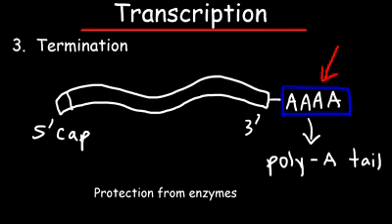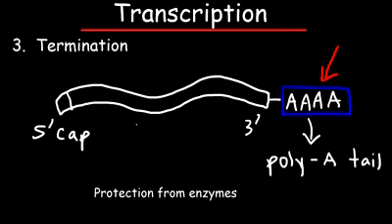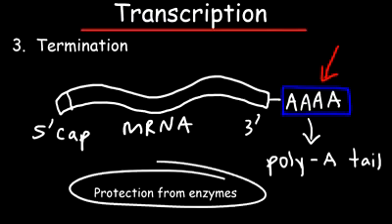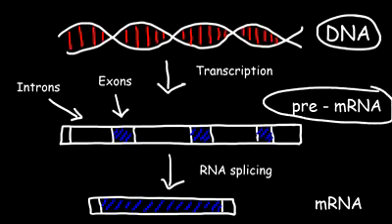Also, during the beginning of transcription, the 5' end is also capped, and the reason for this is to protect the mRNA strand from being degraded by certain enzymes. At the end of the termination step during transcription, DNA has been used to create a pre-messenger RNA strand.